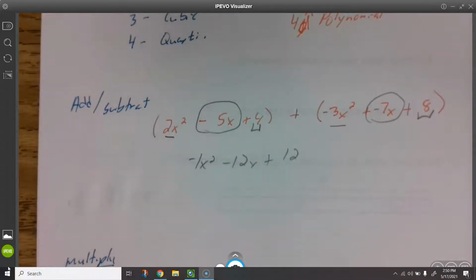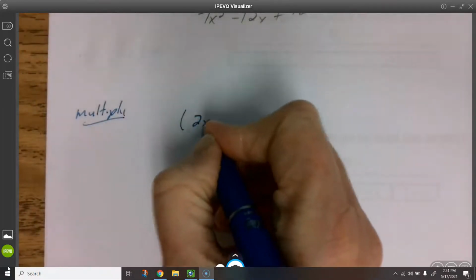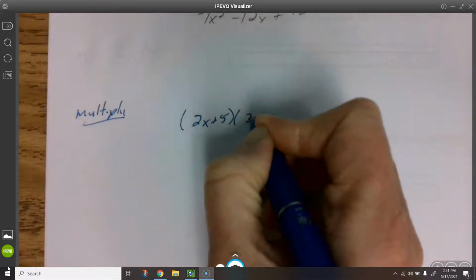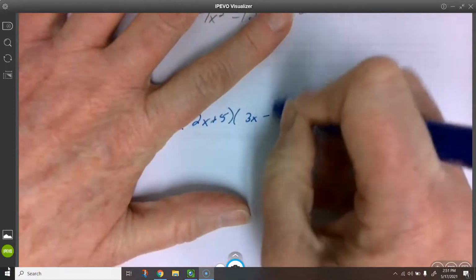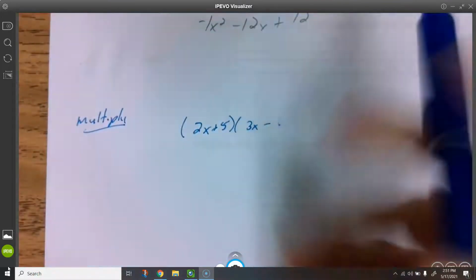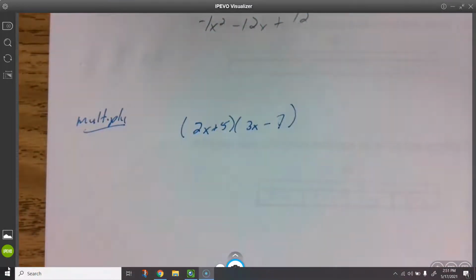And that's my answer. Now, if it's multiple choice, you might just see a negative x squared instead of a negative 1. If I'm going to multiply 2x plus 5, 3x minus 7. After I write this, I would strongly recommend you stop the video, do it on your own, multiply it. Okay, you know how to do this, people. Be brave. Okay, so hopefully you've paused.